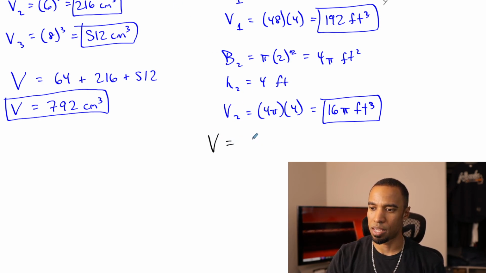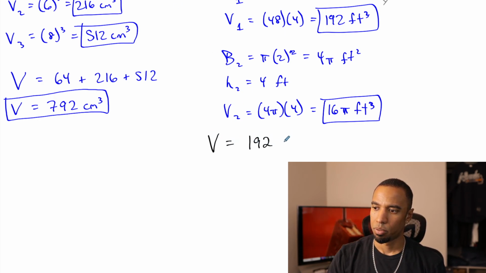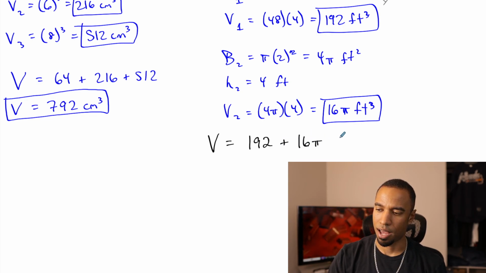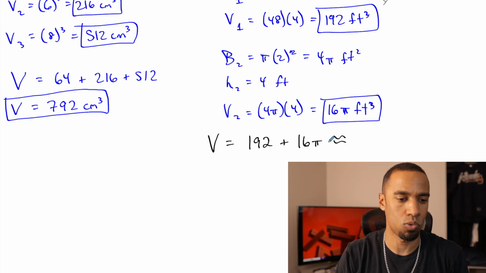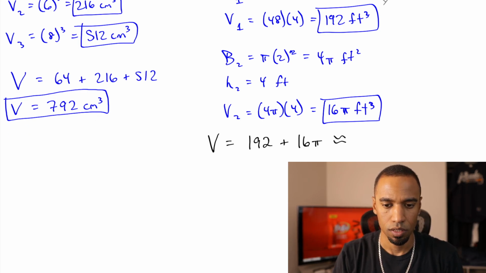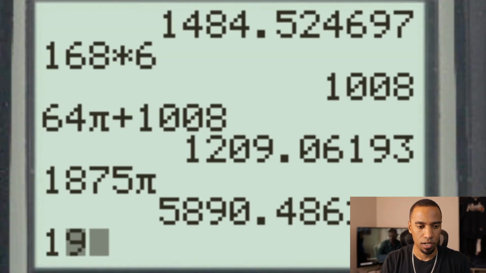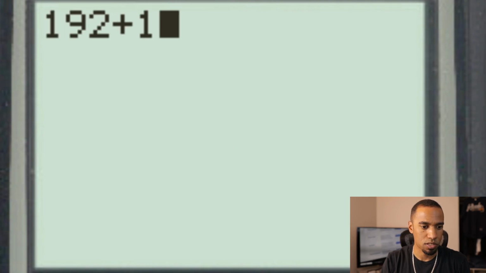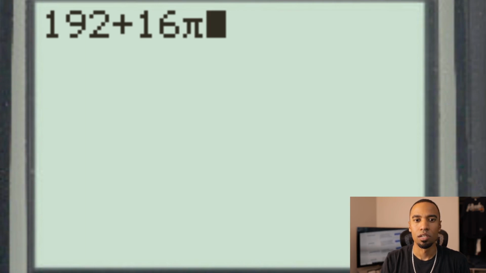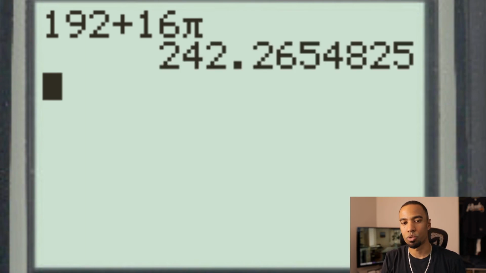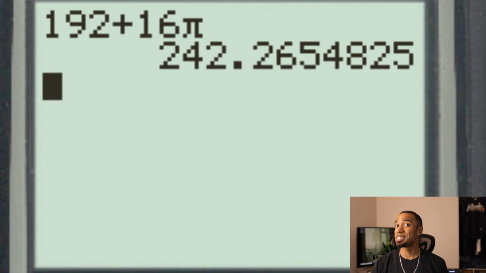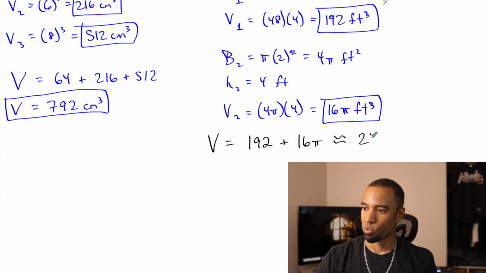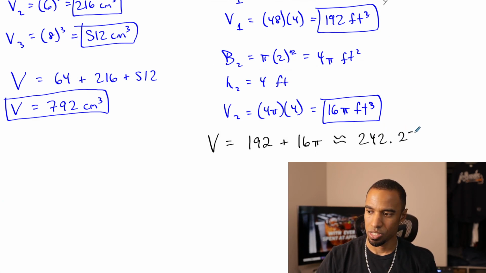The volume is going to be 192 plus 16 pi, which is about, let me use the graphing calculator. 192 plus 16 pi equals 242.27 cubic feet. And there it is.